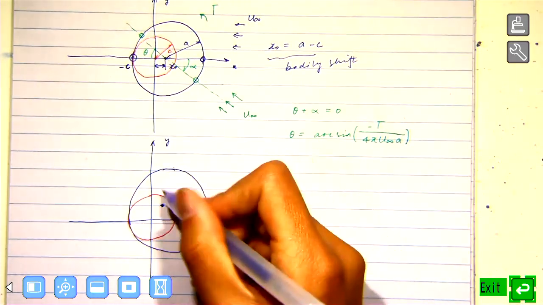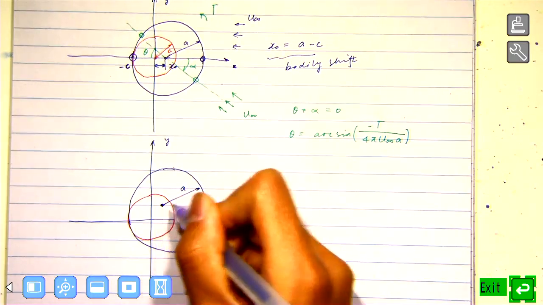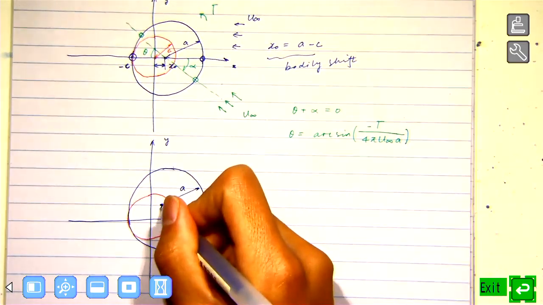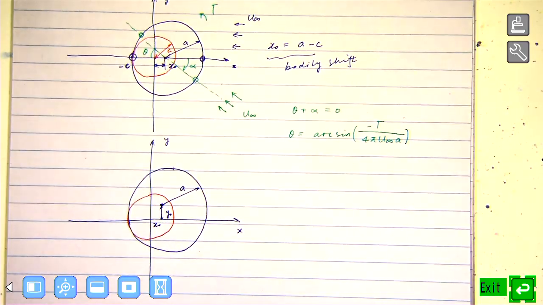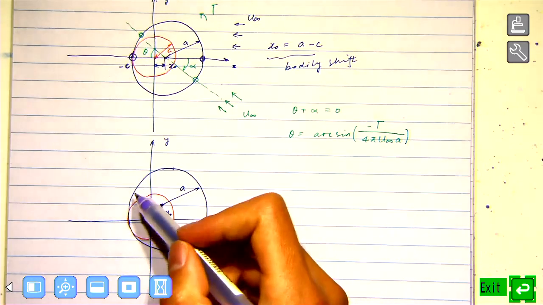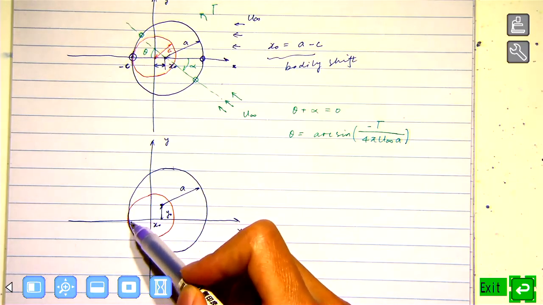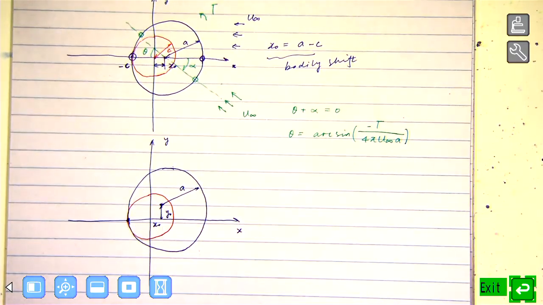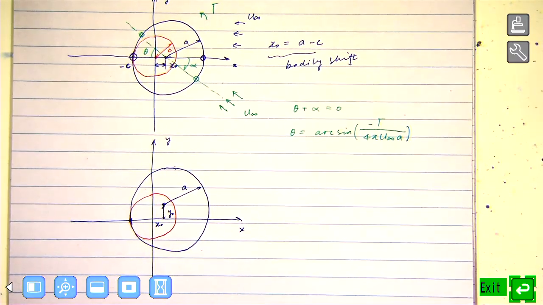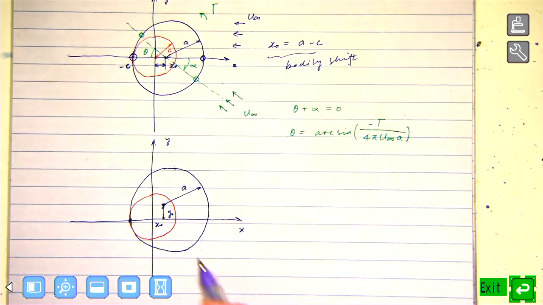This is the circle with the radius of A, and now I have two shifts: one along the y direction and one along the x direction. And again, just like the previous case, the blue circle touches the red circle at a critical point as well. So the first question I wanted to ask is, what is the shift x naught that I need?